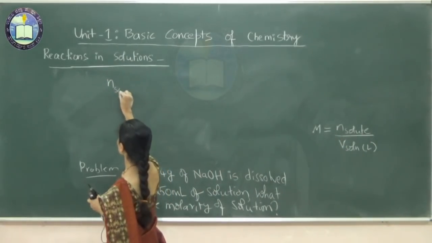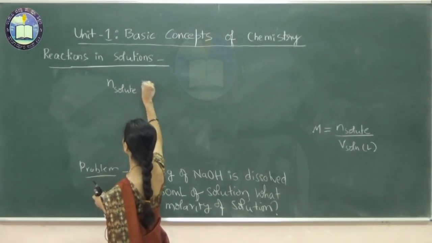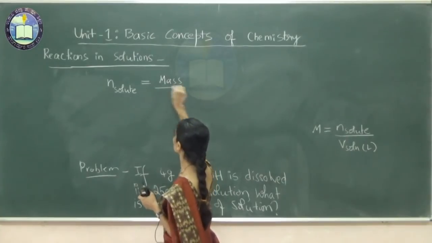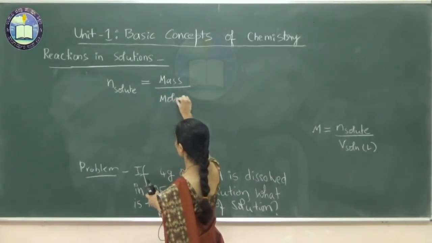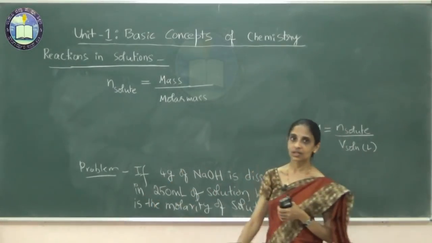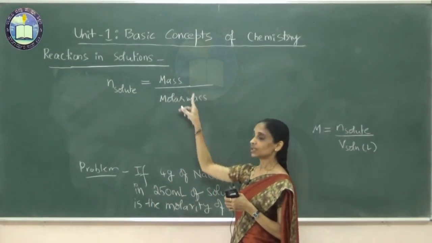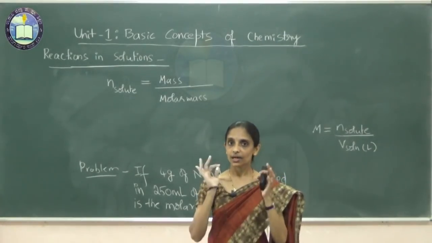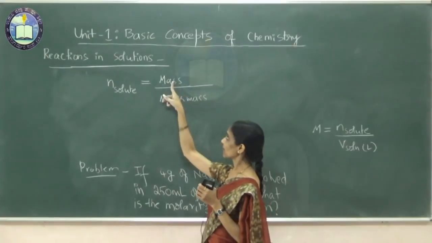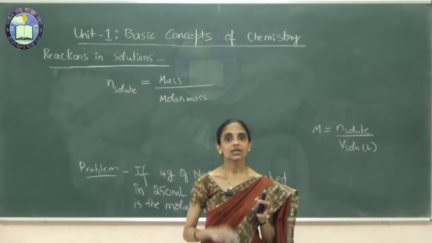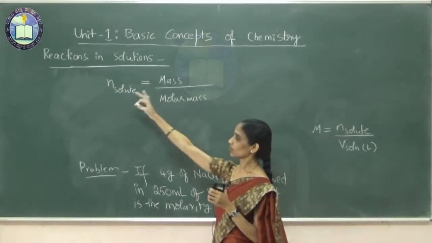Number of moles, that is n solute, is equal to mass by molar mass. While solving molecular formula problems, I have told you that if you divide the mass by its molar mass, then you get the number of moles.